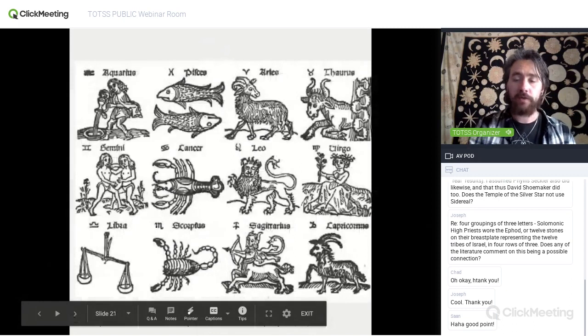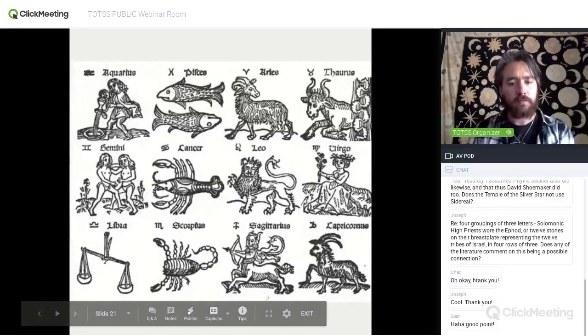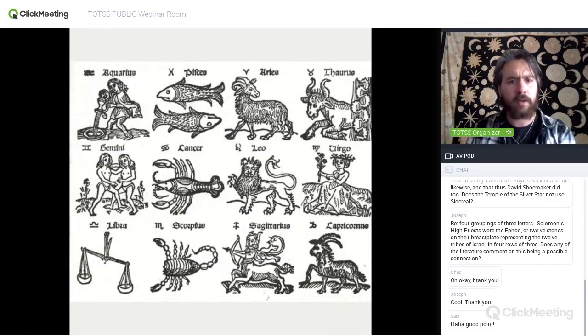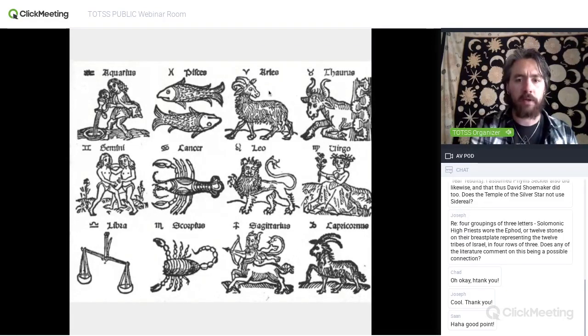Okay, so 12 signs of the zodiac, 12 constellations. This is an old woodcut from, I think, the 16th century. For some reason, it starts with Aquarius and Pisces, but we'll just start talking about Aries here. So that's Aries. Aries is the ram. You can see the glyph of Aries just above his head there.